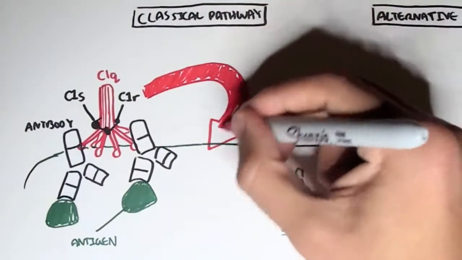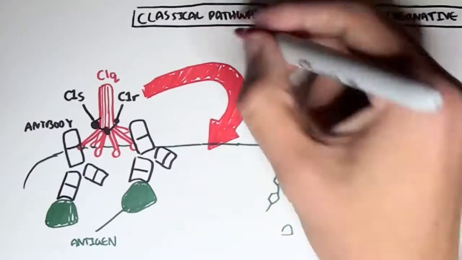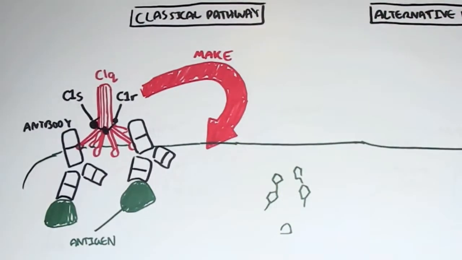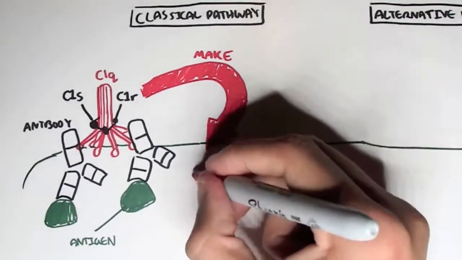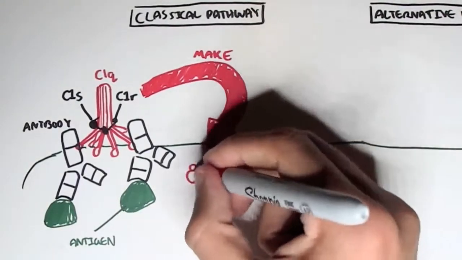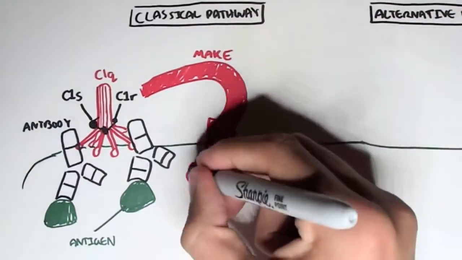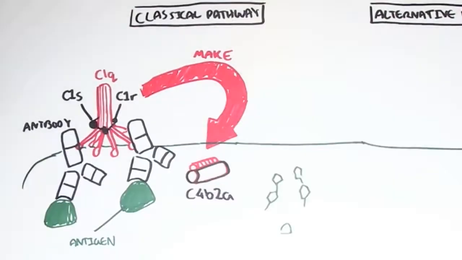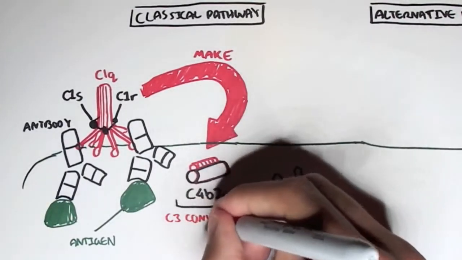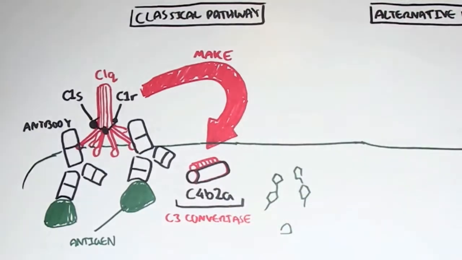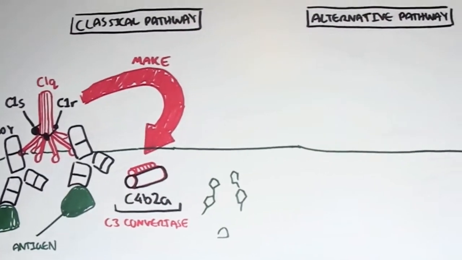And essentially what this C1q, C1r, C1s complex does is that it forms another complement protein complex known as the C4b2a complex. Another name for this is the C3 convertase. Because it is a C3 convertase, it is also an enzyme. And we'll look at the function of C3 convertase later on.